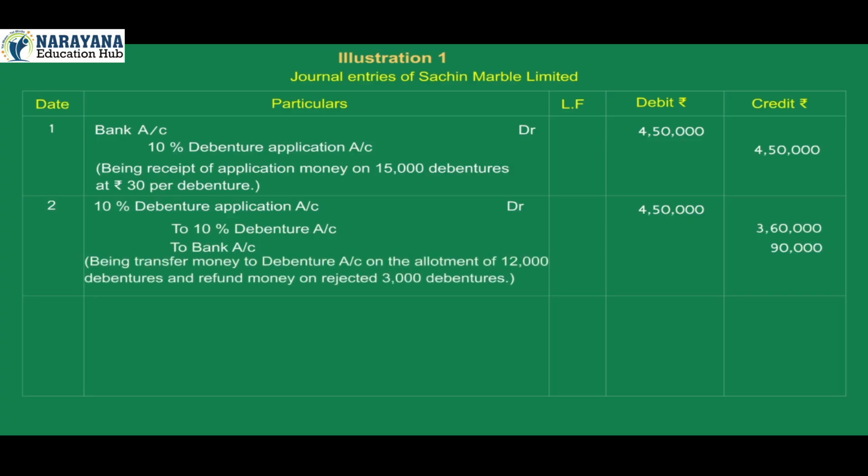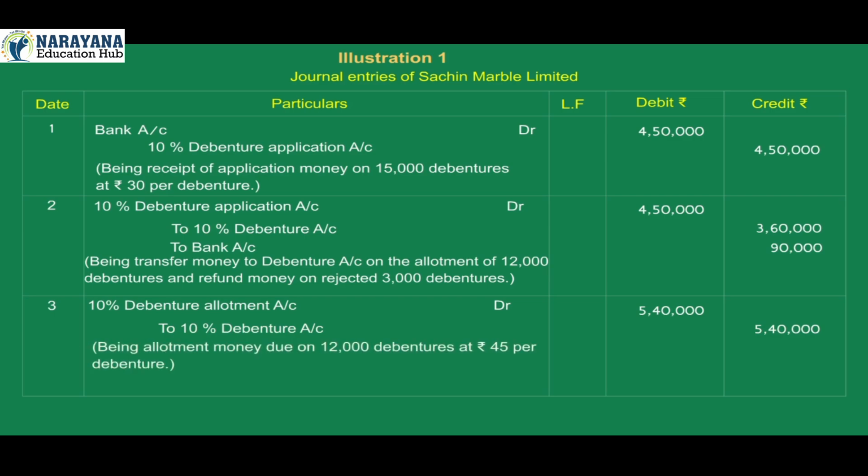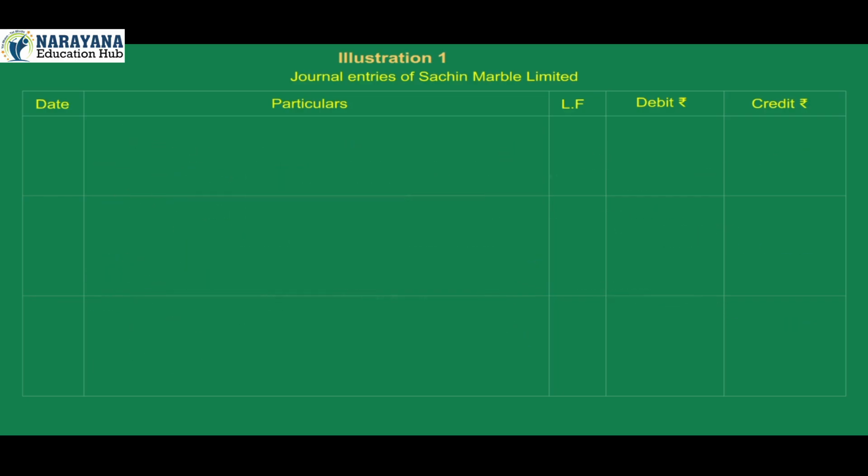Being transfer of money to debenture account on the allotment of 12,000 debentures and refund of money on rejected 3,000 debentures. 3. 10% debenture allotment account debit 5,40,000, to 10% debenture account credit 5,40,000. Being allotment money due on 12,000 debentures at ₹45 per debenture.